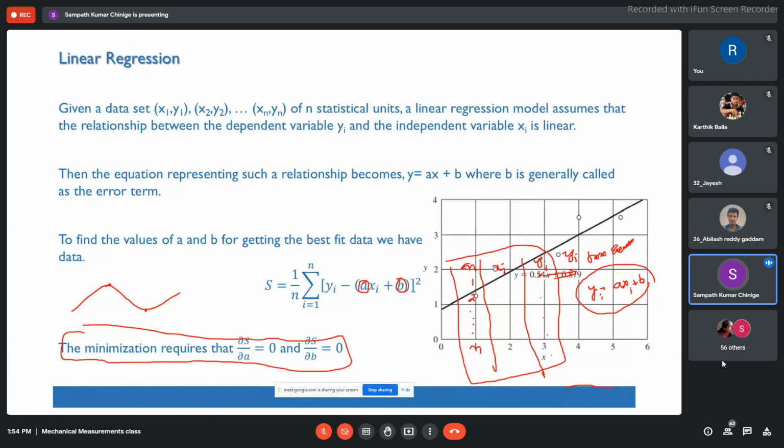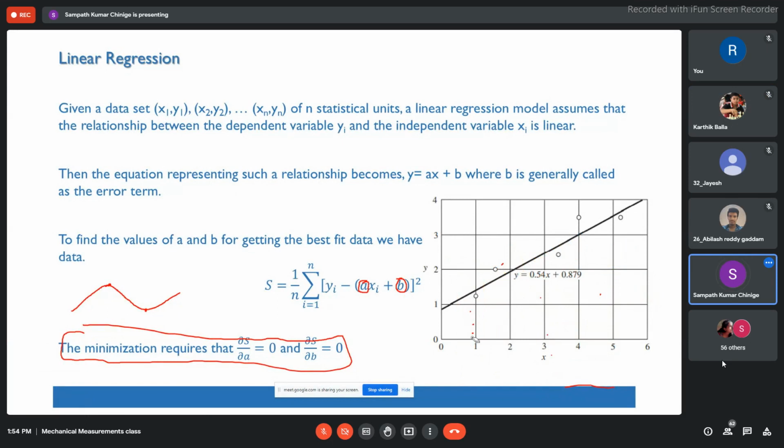Here you could see that an equation is given, in the form of a linear line, y equivalent to ax plus b, right? You can see y is there, x is there. We have data points. See now, no data point is on the line. If you are of the mindset that all the points have to be on the line, that's wrong.